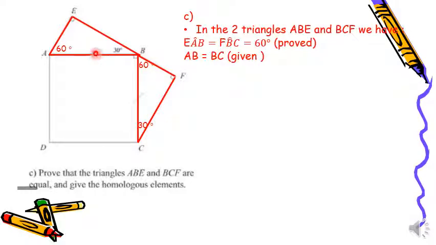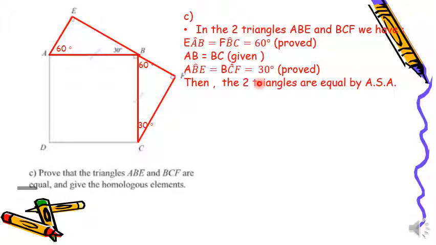They already gave us these two sides. And I have ABE equal to BCF equal to 30 degrees. Proved. I found these angles. Then these two triangles are equal by angle, side, angle.